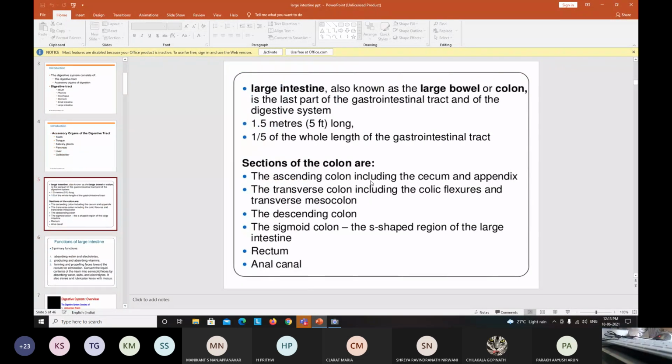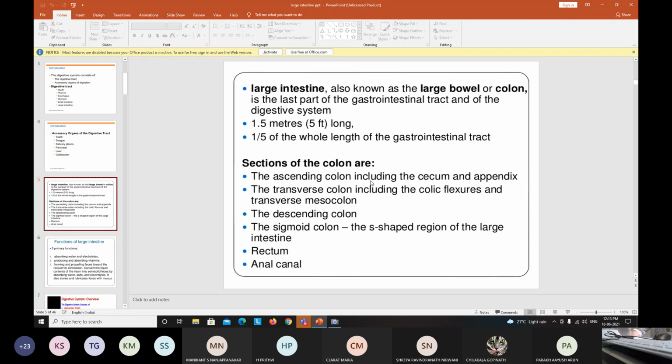Now come to the proper large intestine. It is also called the colon, also called the large bowel. It is the last or distal part of the gastrointestinal tract.